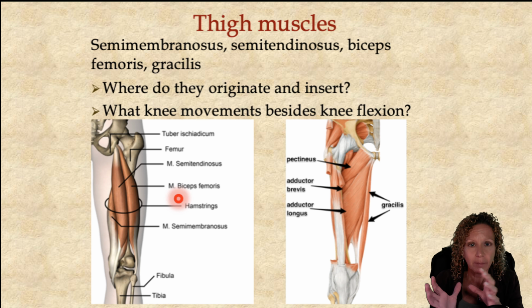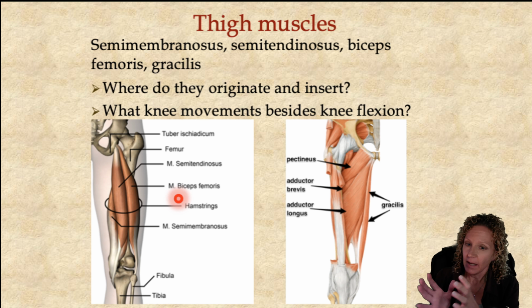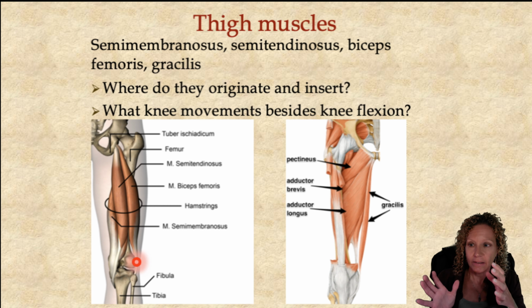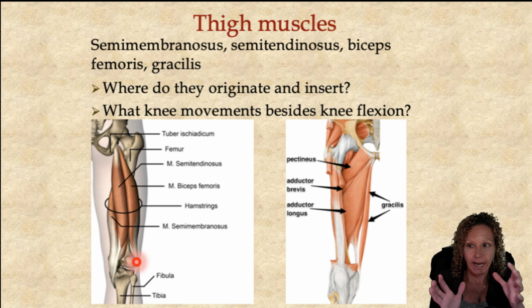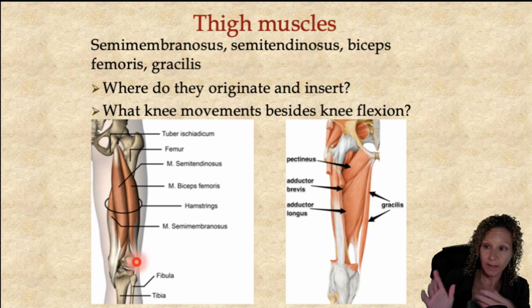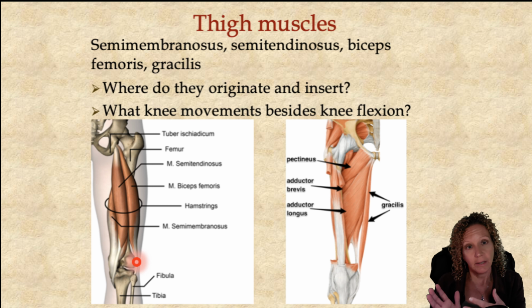And so that ends up meaning that they have slightly different actions. Like with the biceps femoris inserting over here, you imagine that contracting, and it actually kind of pulls the knee outward, what we call external rotation of the knee. And the semimembranosus and semitendinosus do internal rotation.